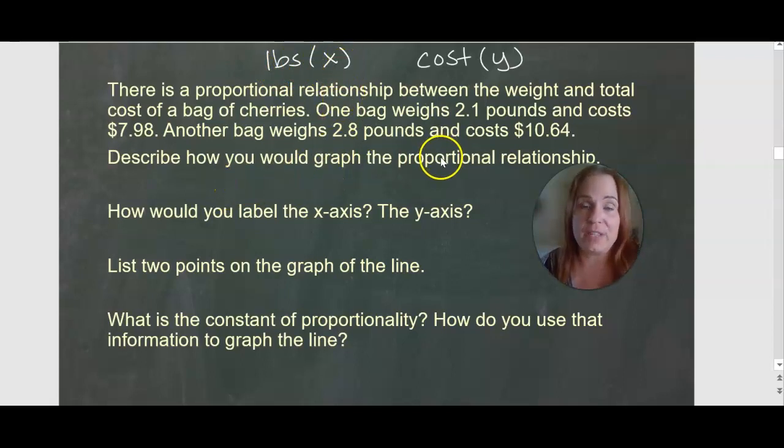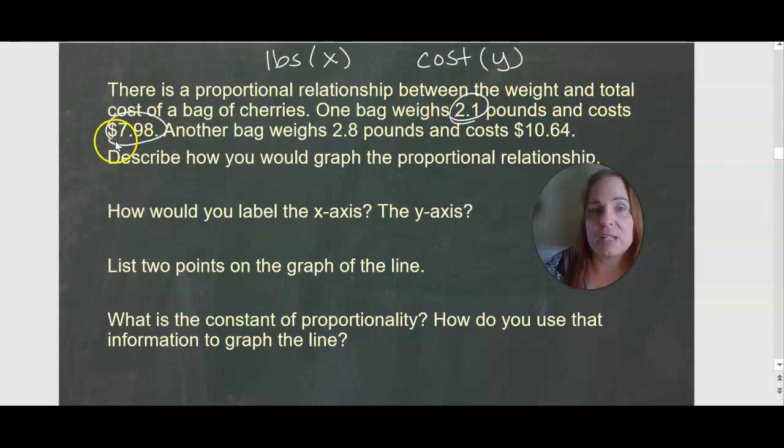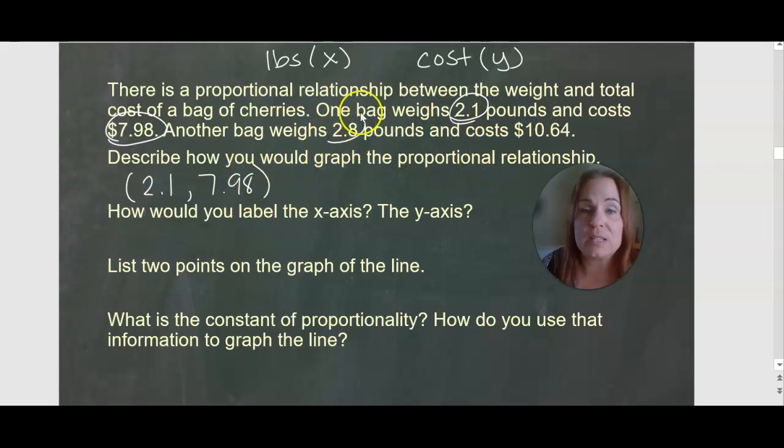So to graph this proportional relationship, I would write this information as points, right? So one bag weighs 2.1 pounds and costs $7.98. So that would be 1 point: 2.1, 7.98. Another point I would use is 2.8 and 10.64.